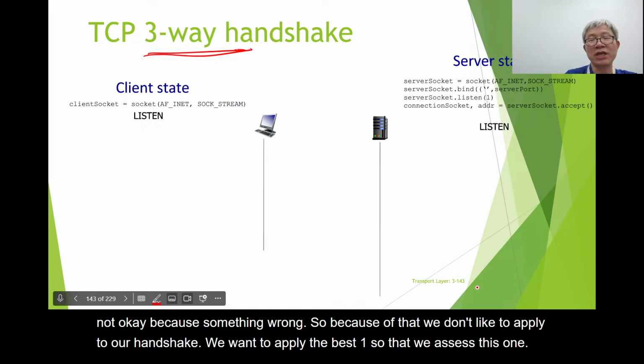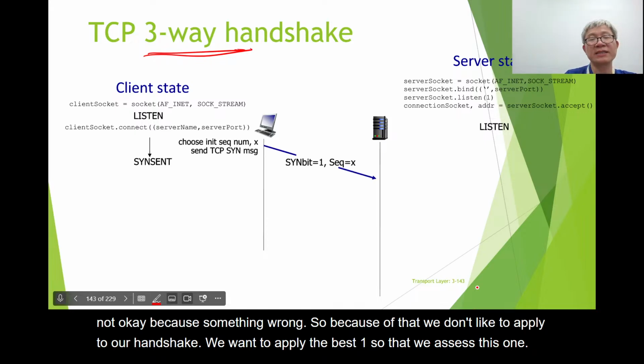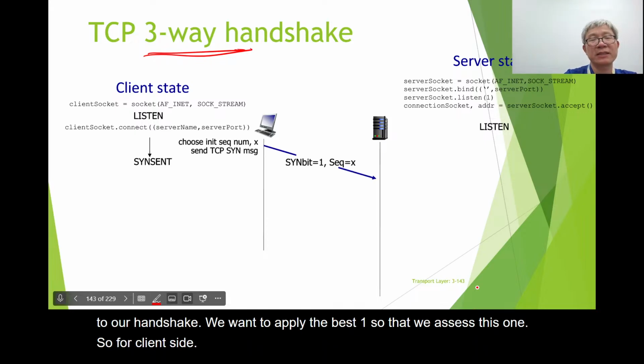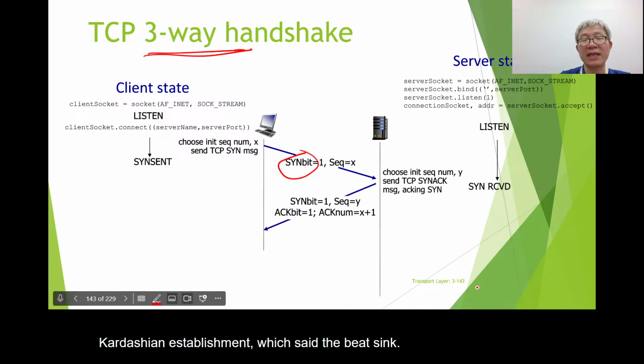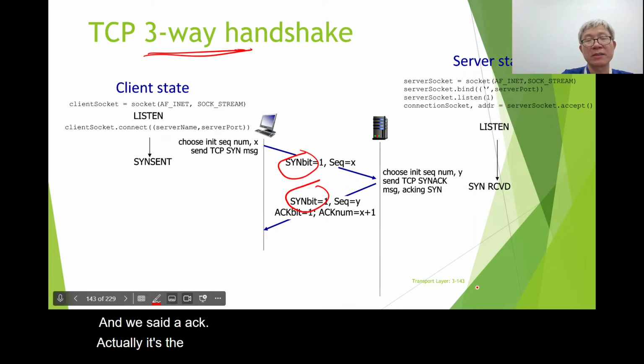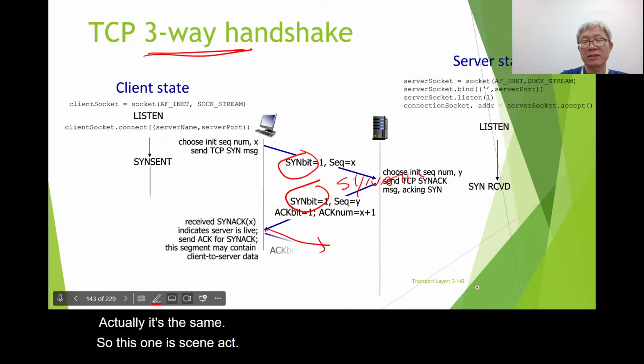In the three-way handshake, for connection establishment the client sets the SYN bit. Then the reply is SYN ACK. And finally, it's ACK again.